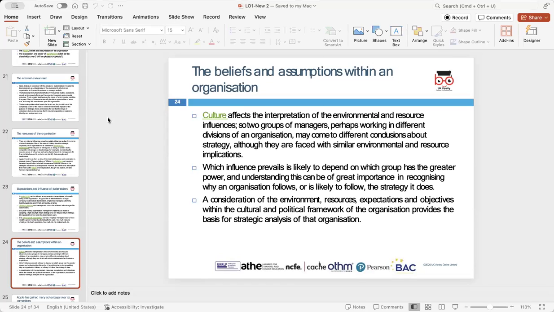So, key considerations: environmental and resource interpretation, meaning how culture shapes understanding of the factors. Power dynamics, the impact of power on strategic decisions. Understanding these aspects is crucial for analyzing why an organization adopts certain strategies.